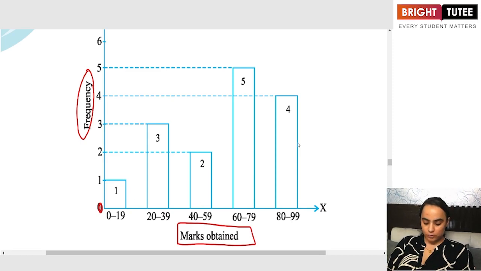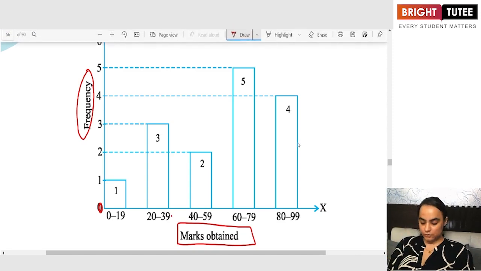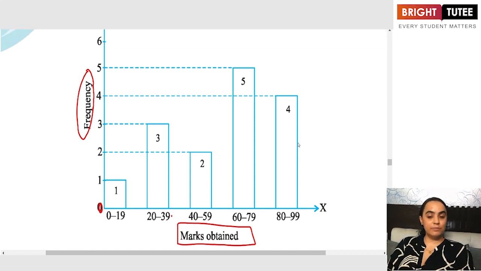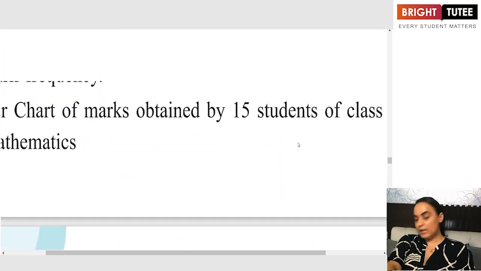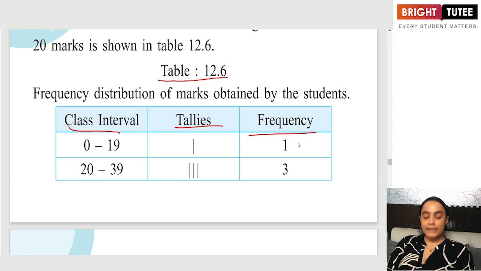So 0 to 19 was my first class interval. 20 to 39 was my second class interval. 40 to 59 was the third. 60 to 79 and then 80 to 90. So all the marks that we obtained have been written on the x-axis, and the frequency is there on the y-axis.